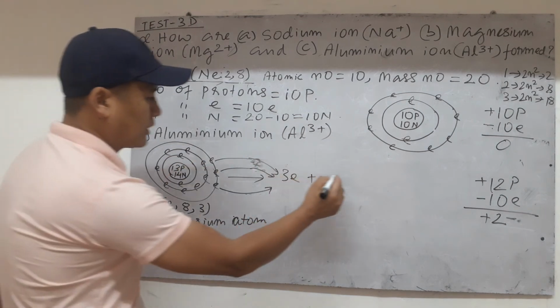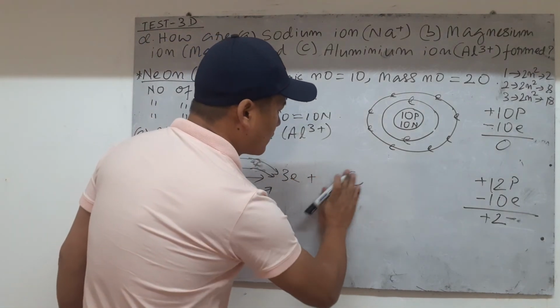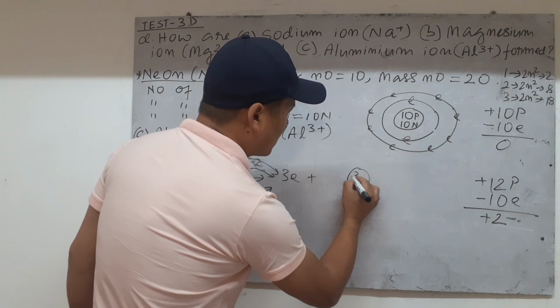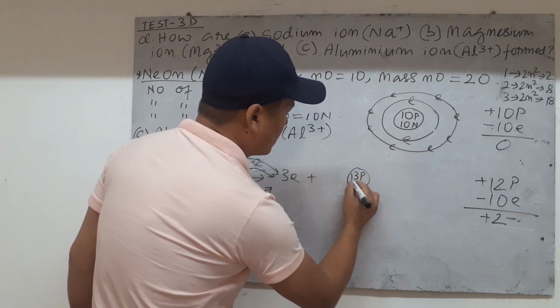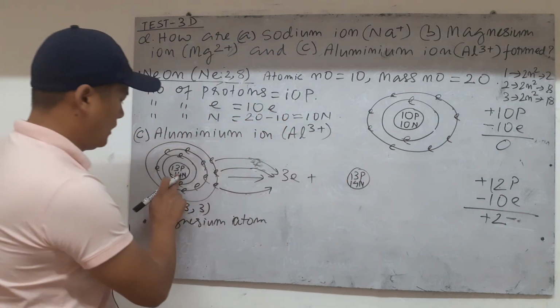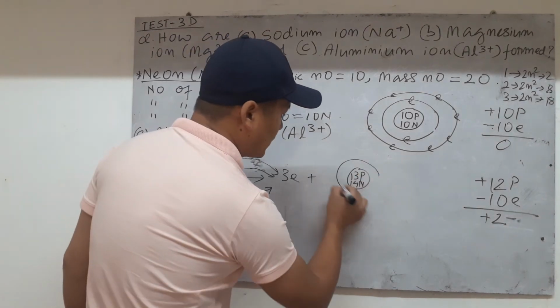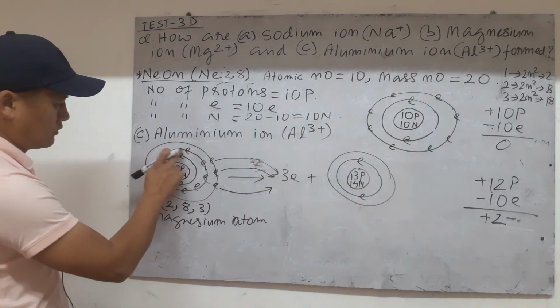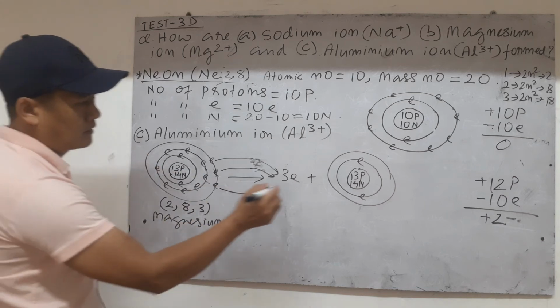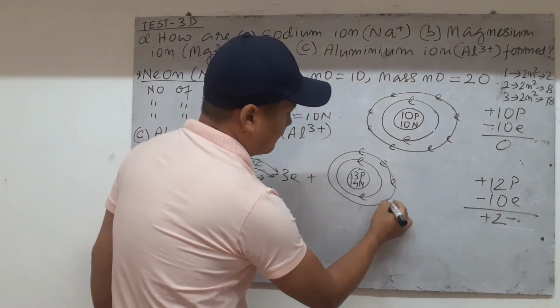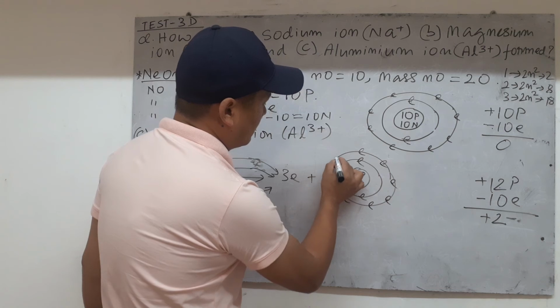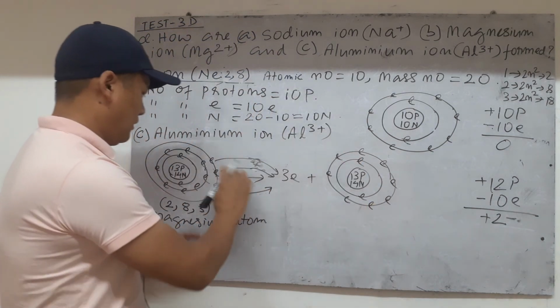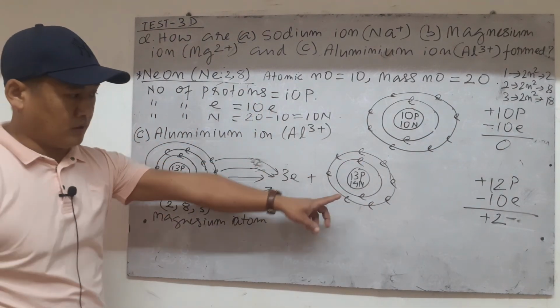Then the structure will become, the nucleus is not touched, so I can just write 13 protons, 14 neutrons, not touched. The rest is also not touched. The first orbit is not touched, the previous 2, and the previous 8. So this 3 is lost, and that is now the structure.